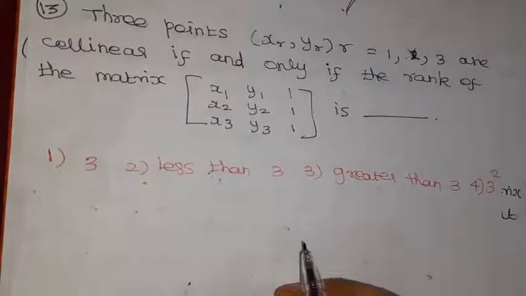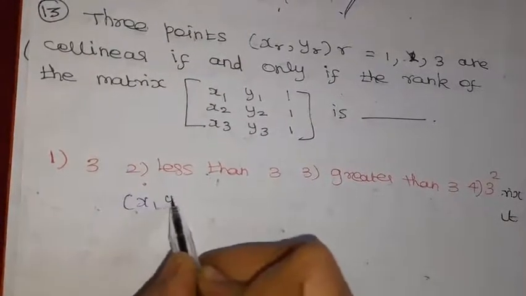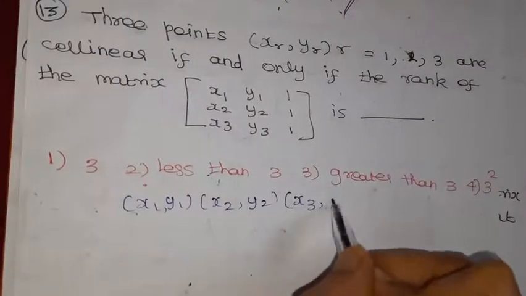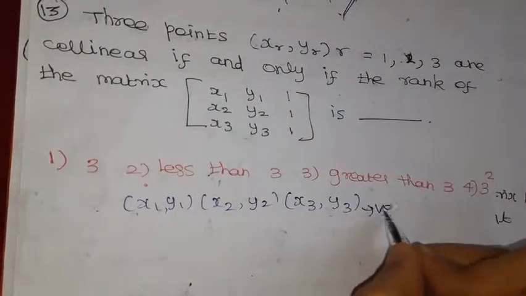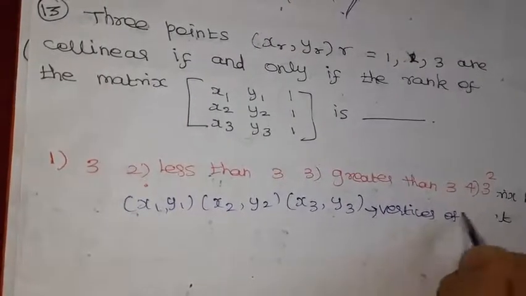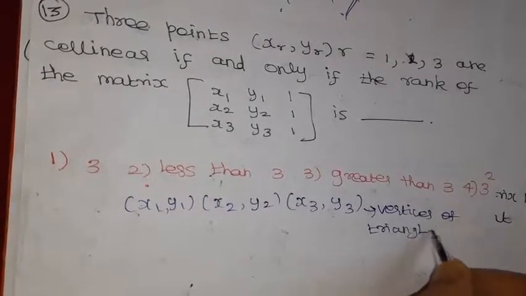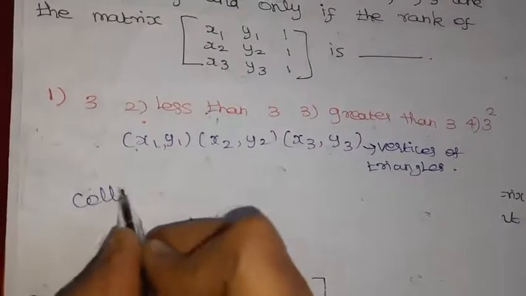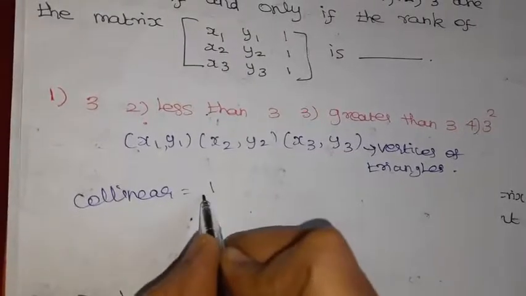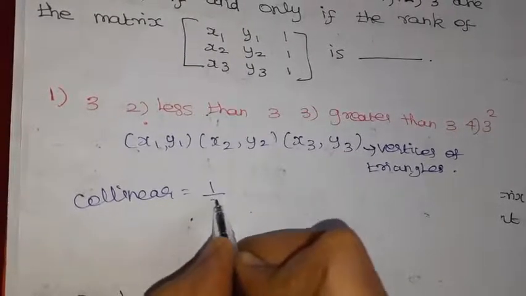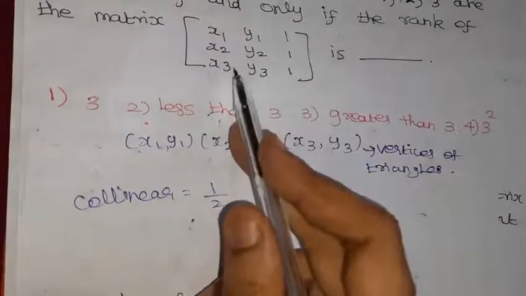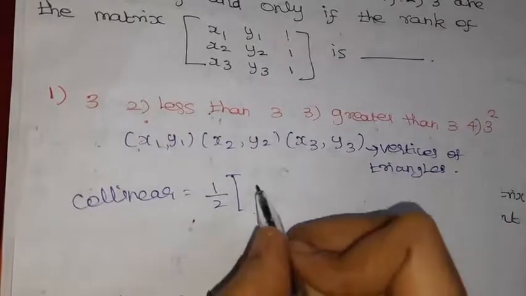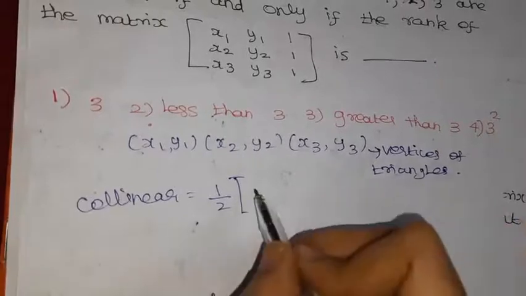Given 3 points x1 y1, x2 y2 and x3 y3, these are the vertices of a triangle. When they are collinear, the area equals 0. Half the area is the determinant of this.